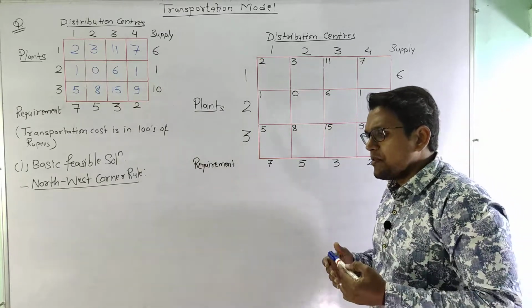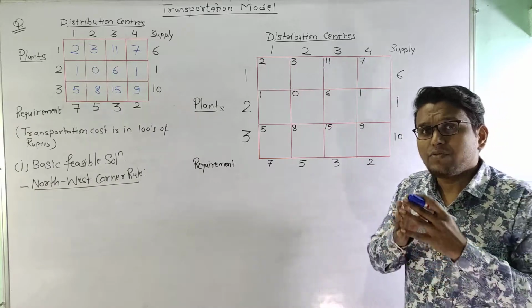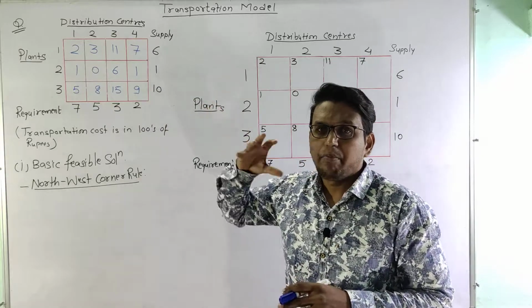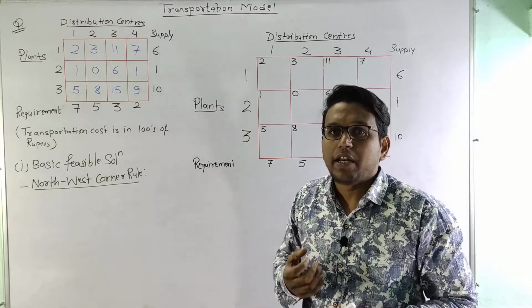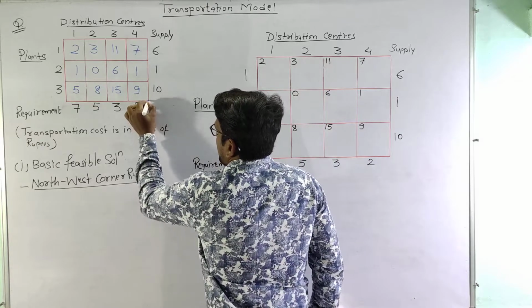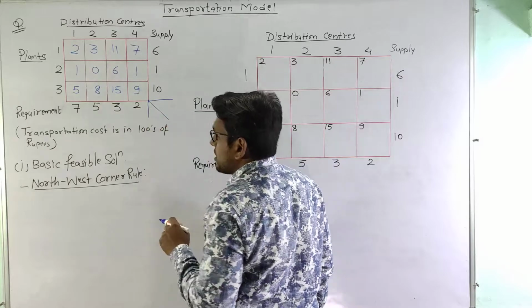First of all, before starting to solve the question, we need to identify whether our problem is a balanced problem or an unbalanced problem. For a balanced problem, the total supply has to be equal to the total demand.